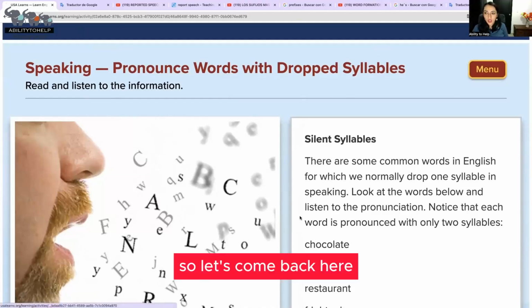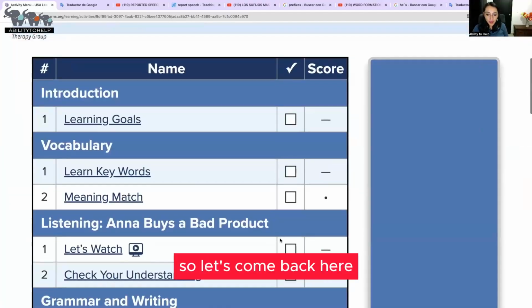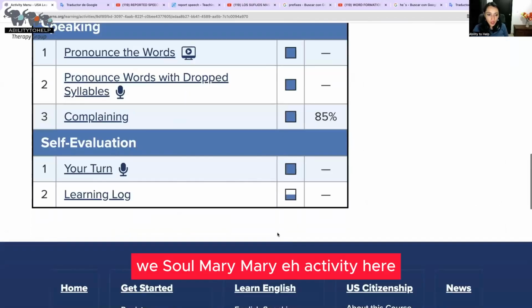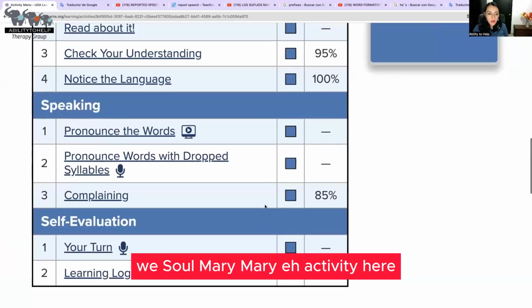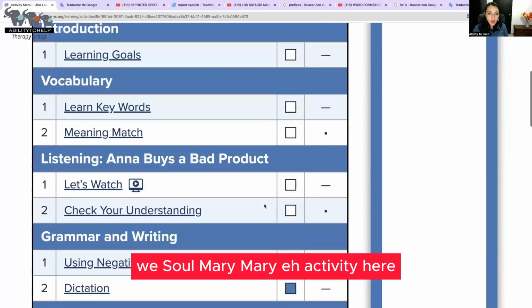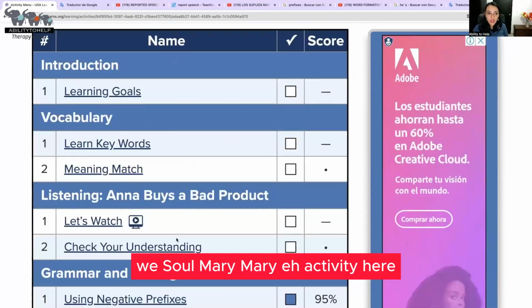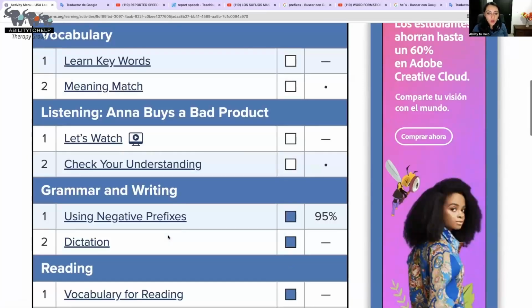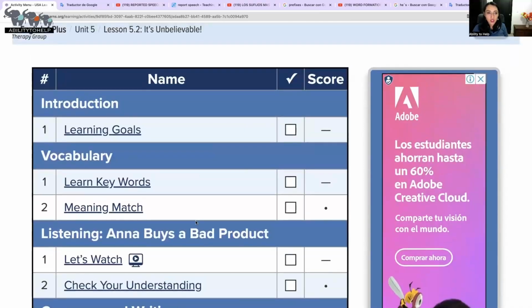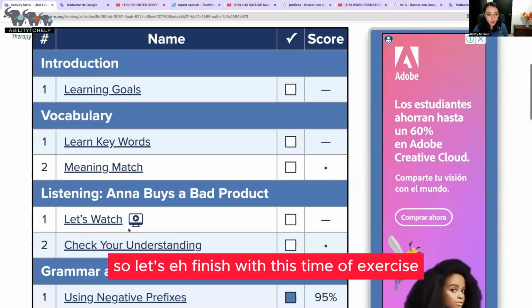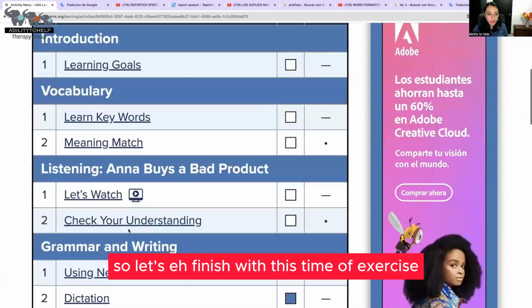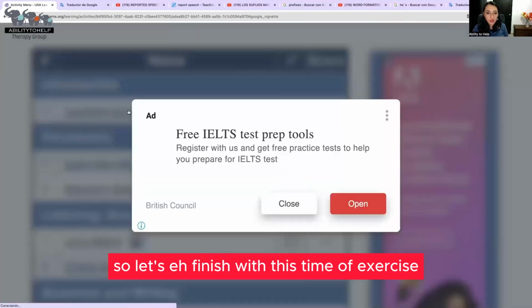So let's come back here. We solved many activities here, but we could finish this unit. Learning goals, learn keywords, meaning. So let's finish with this kind of exercise.